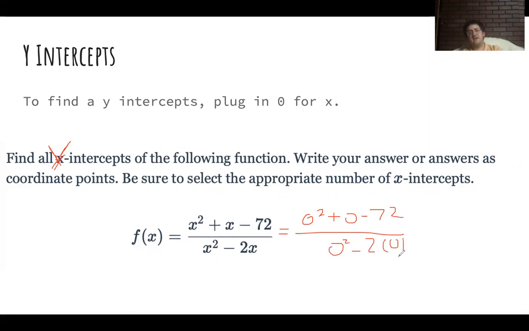And lo and behold, here we get a divide by 0. So what happens here is that there is no y-intercept. And actually, we would find that it would be a vertical asymptote. I wanted to use the same function just so you could see. Now, if we had a y-intercept, we'd get some type of real number in the denominator.